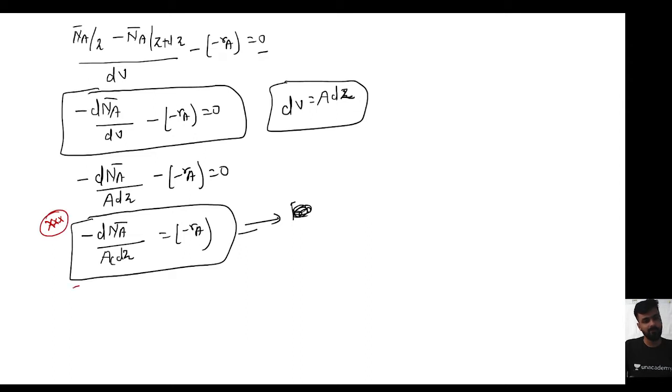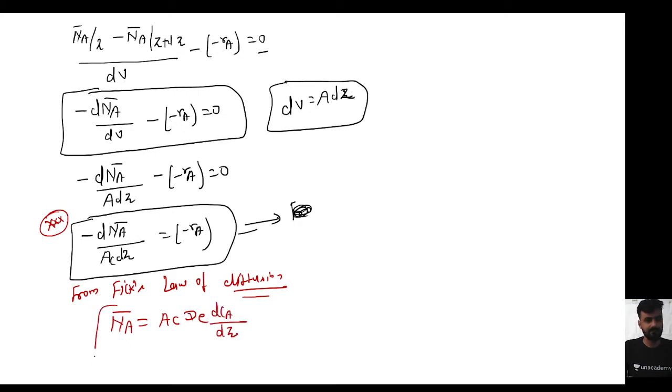Now from Fick's law of diffusion, what can you demonstrate over here, my dear student? Fick's law of diffusion says the rate of mass flux, that is, minus N_A, is equal to D_e dC_A/dz.